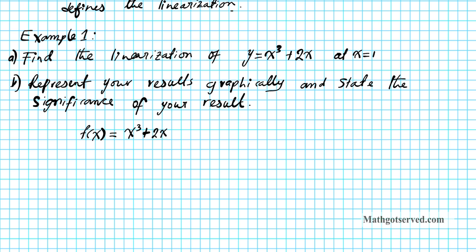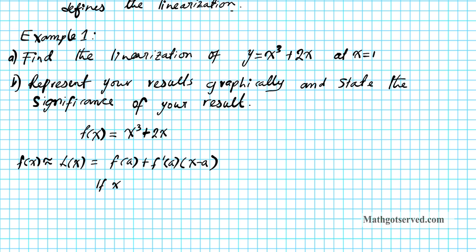The formula tells us that the linearization L of x, so basically the function, can be approximately given by L of x equals f of a plus f prime of a times x minus a. This is the formula that we're going to be using.